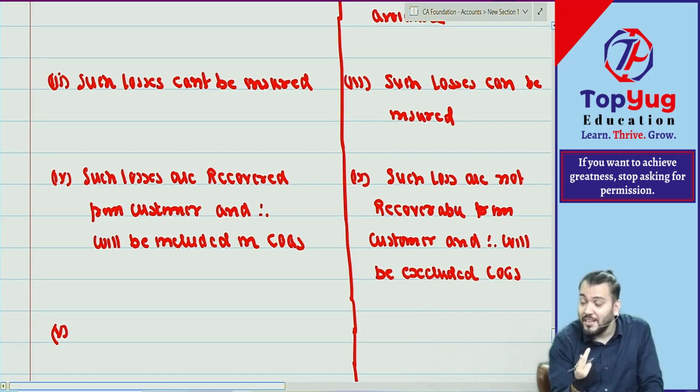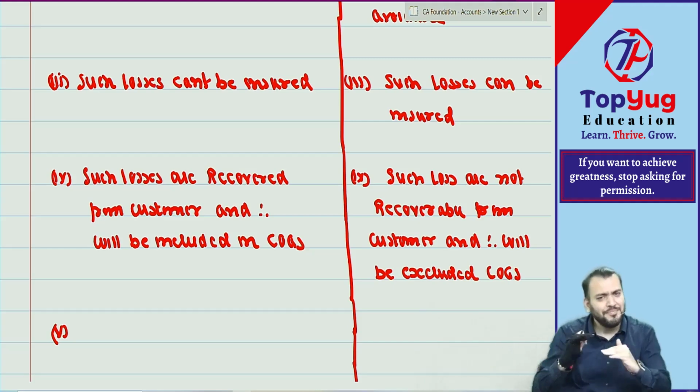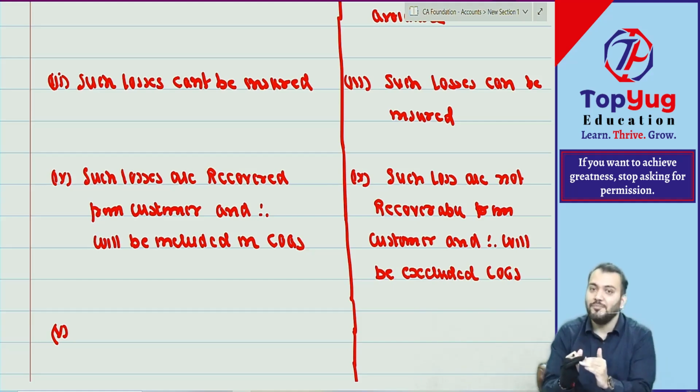If I say you are going to become a CA, no one can stop you. That is my guarantee. But I will say it only once I become happy, otherwise I will never say it. I said you need to give some effort, then only will you become a CA.